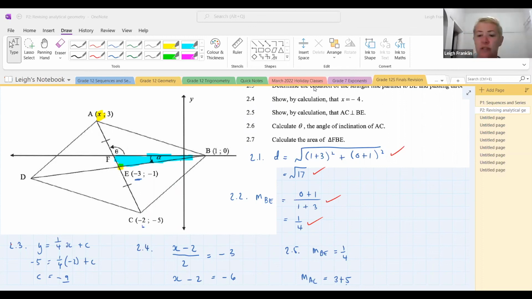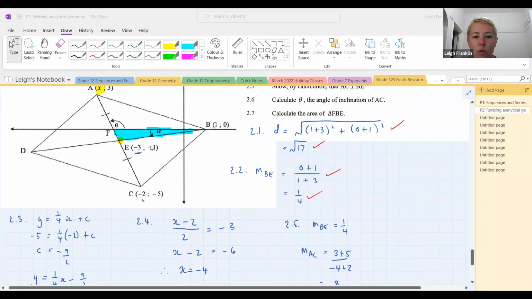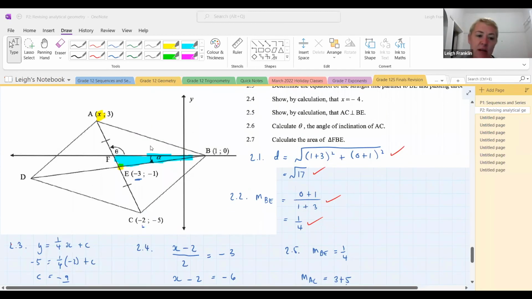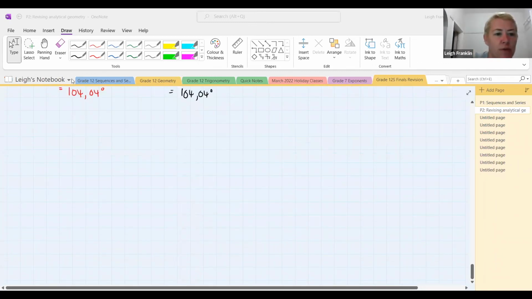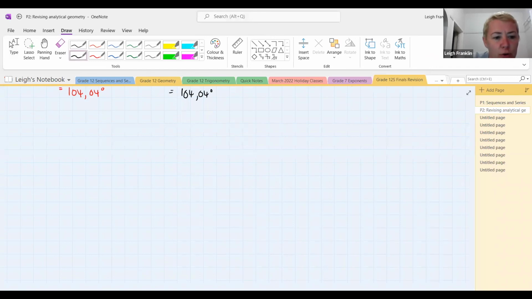You know what I would do here? I suppose you could work out if it passed through there, and then it would be vertically opposite angles. But why don't we do half base times height? Let me redraw the triangle over here.